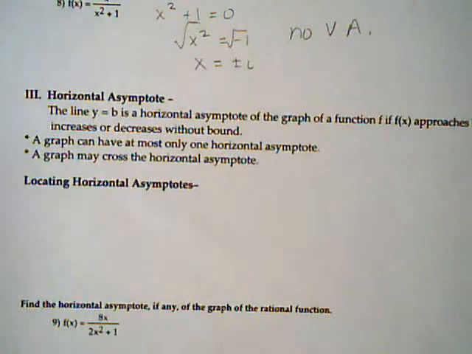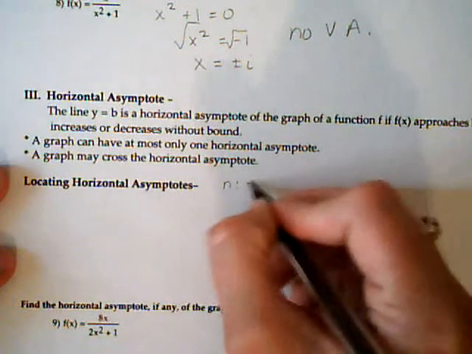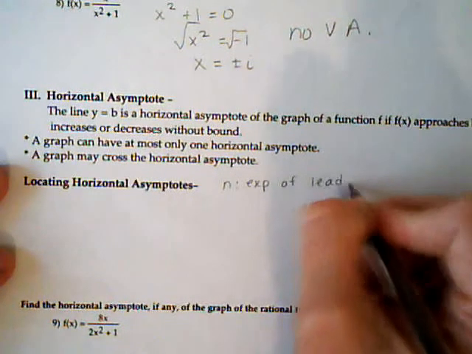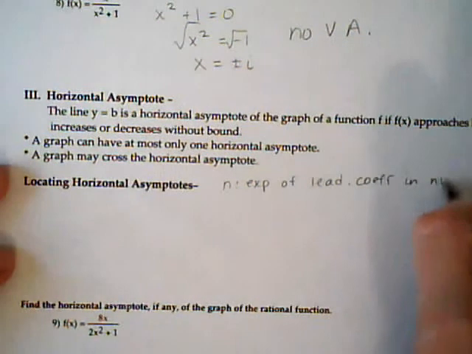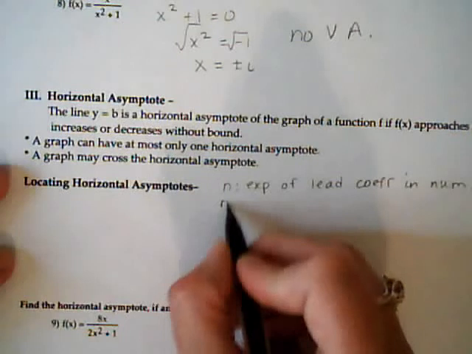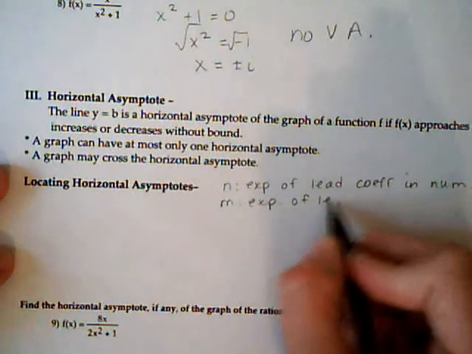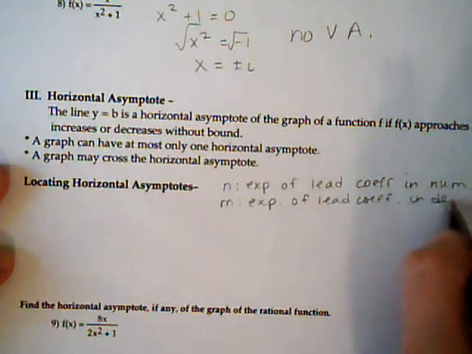We say that if we have a rational function, I'm going to let n be the exponent of the leading coefficient in the numerator, and m is going to be the exponent of the leading coefficient in the denominator.